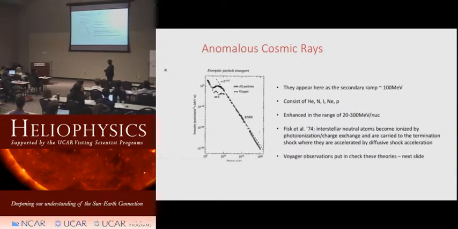All right, so this is this part that I talked about, this modulation. Anomalous cosmic rays. Anomalous cosmic rays are below the galactic cosmic rays, are here. And this is a composition of them. And they're enhanced in this range, 20 to 300 MeV per nucleon.